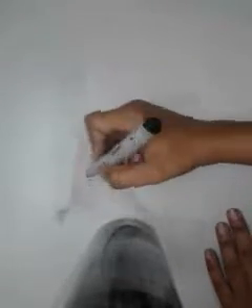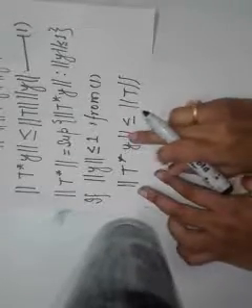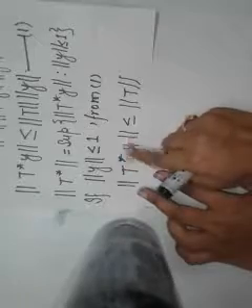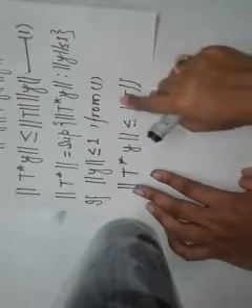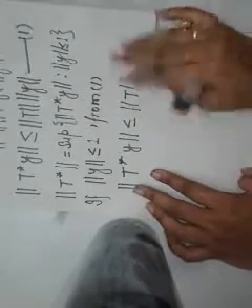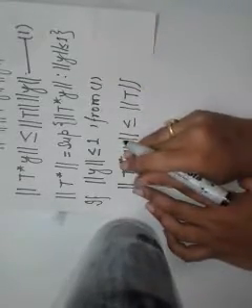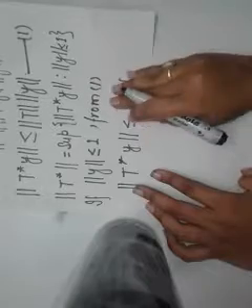Now we got this inequality. If this inequality holds, then if anything is less than any quantity, then the supremum of this will also be lesser or equal to that quantity.